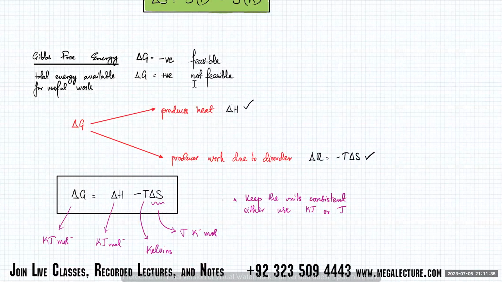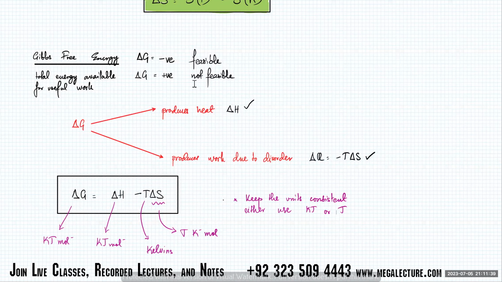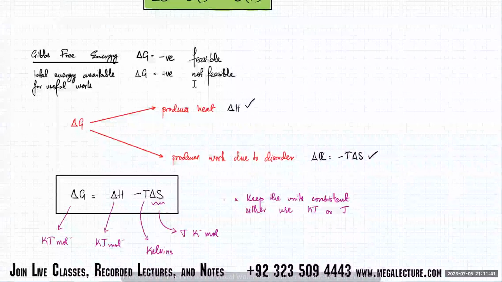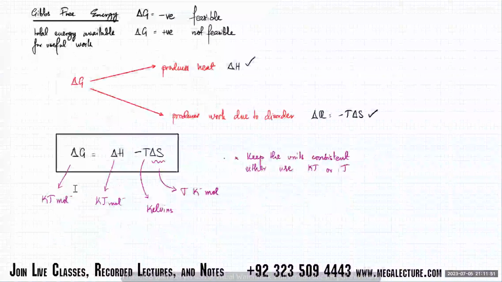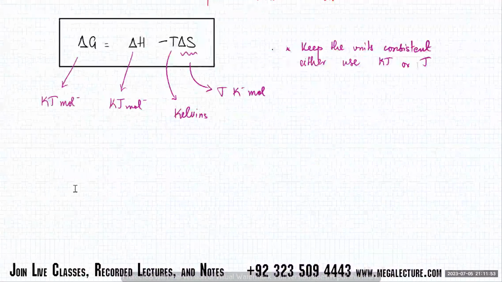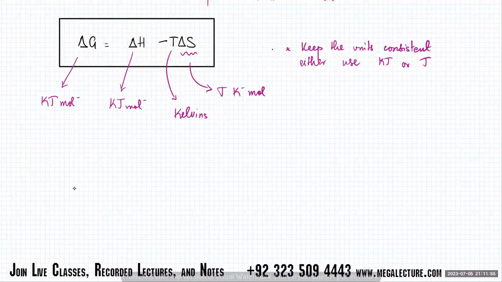Now you're going to get two types of questions on this. It's either going to be quantitative, where you would be asked to calculate values. The temperature, they'll be giving it to you. Delta S, we've already learned how to calculate. Delta H would be given. So you can just put in the values and find delta G. The other one is qualitative questions, which is guesswork.